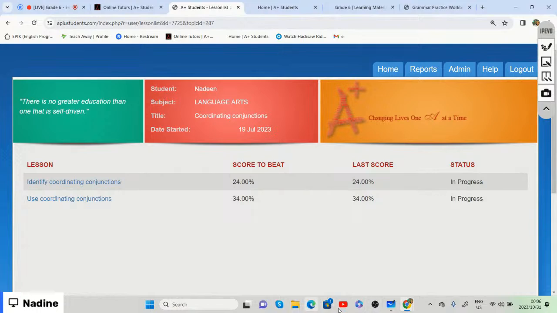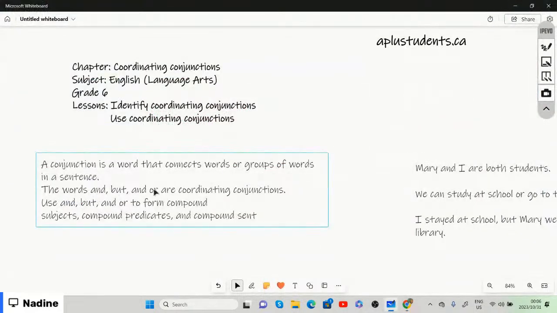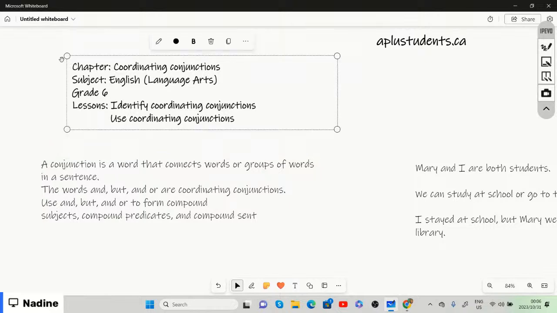All right, so our chapter for today is coordinating conjunctions. A coordinating conjunction is a word that connects words or groups of words in a sentence. Our chapter focus today is coordinating conjunctions.